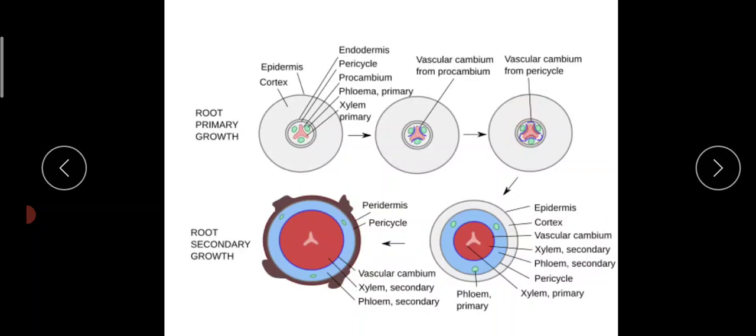First the conjunctival cambium starts its activity, that is, it cuts off more and more secondary xylem towards the center. At the same time, the pericyclic cambium produces only a lesser amount of secondary xylem.